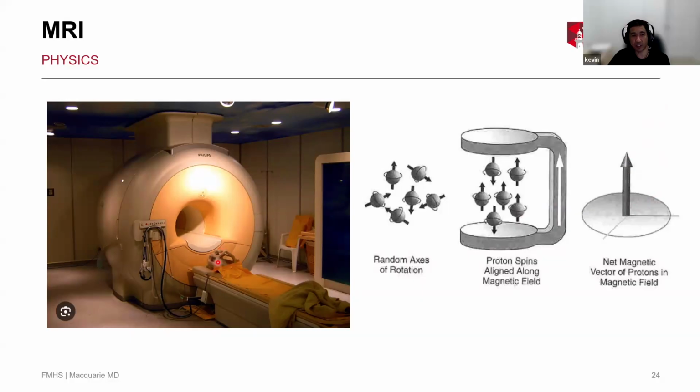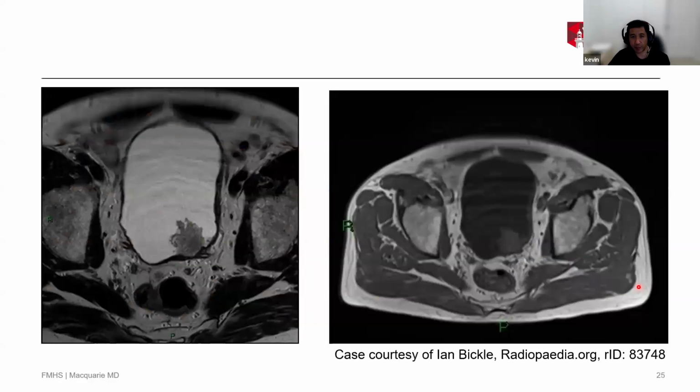So these are called send-receive coils, similar to the ultrasound principle. You put an impulse in, you get something back. The other thing is how these behave depends on where the hydrogen is. Hydrogen in water will behave differently to hydrogen in fat, and differently to hydrogen in muscle. As a result, you get exquisite soft tissue characterization.